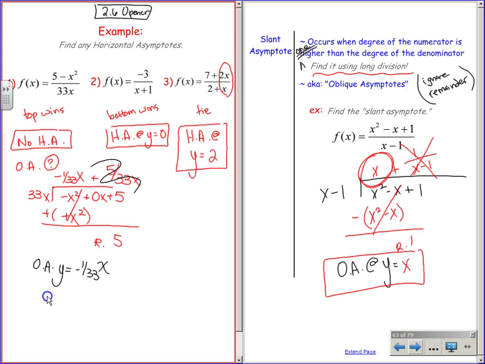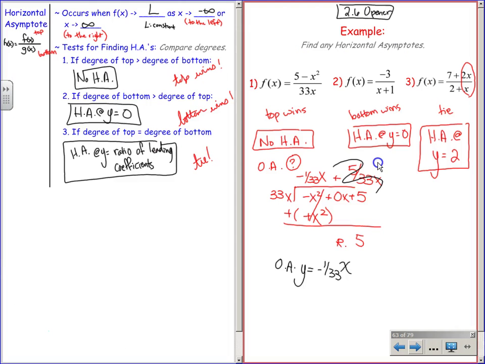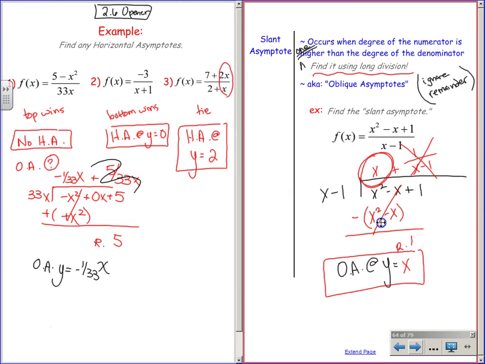That only happens when division gets you a line out, ignoring the remainder, and that only happens when the top is 1 degree higher than the bottom. With that, we've covered all the asymptotes: the vertical ones, the horizontal ones with the degree tests, and then the oblique ones with long division, only when a line is left over.